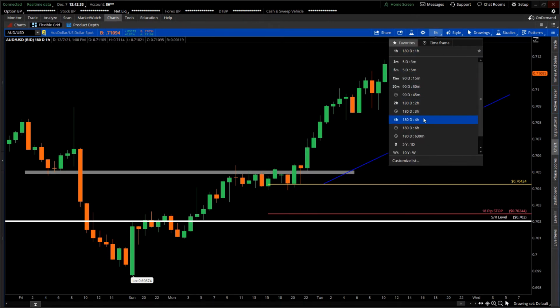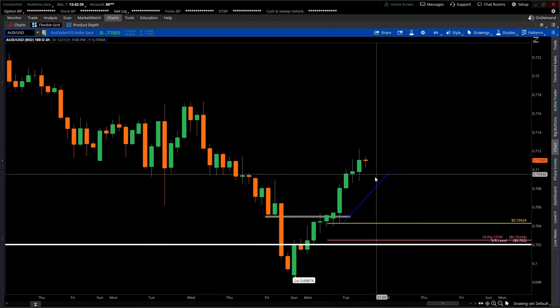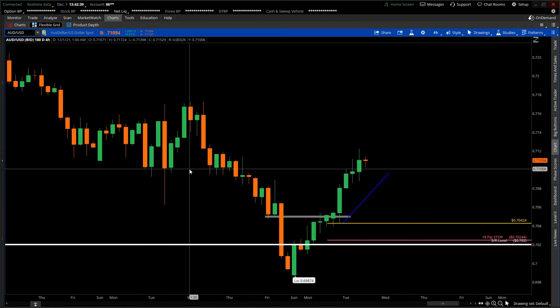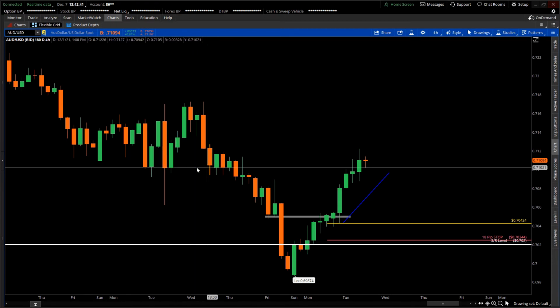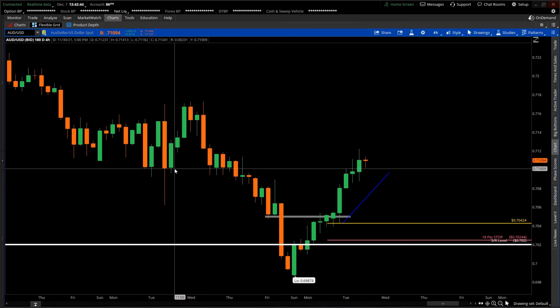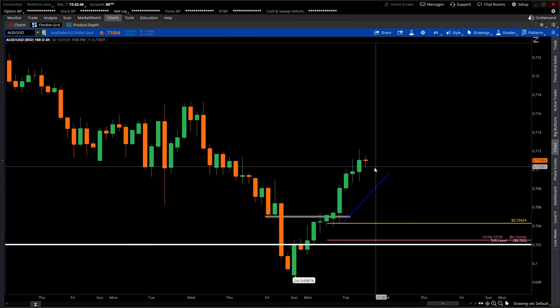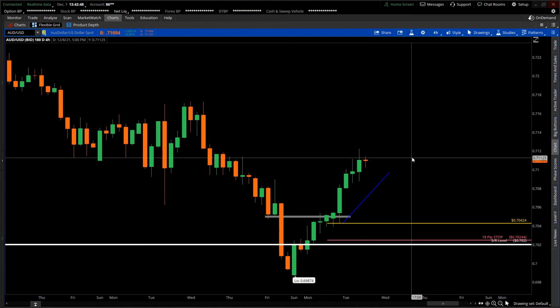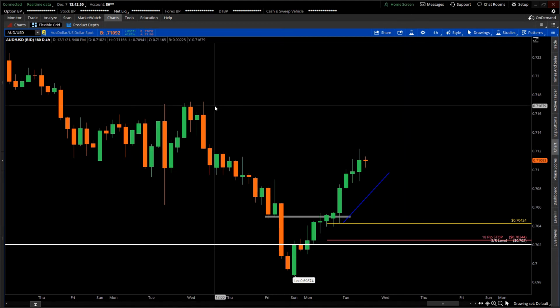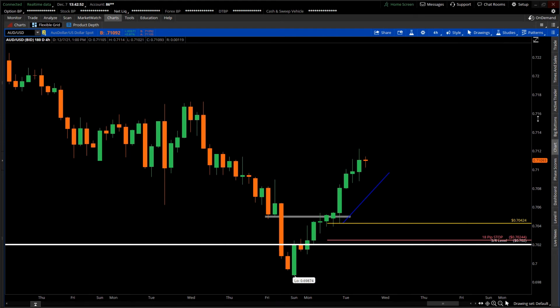If I toggle over to the 4-hour time frame, my initial assessment was for take profit right here because this is a support level. Now that price is above it, maybe price will consolidate up here. Then my next target would be 0.716 because here's another level right up here.